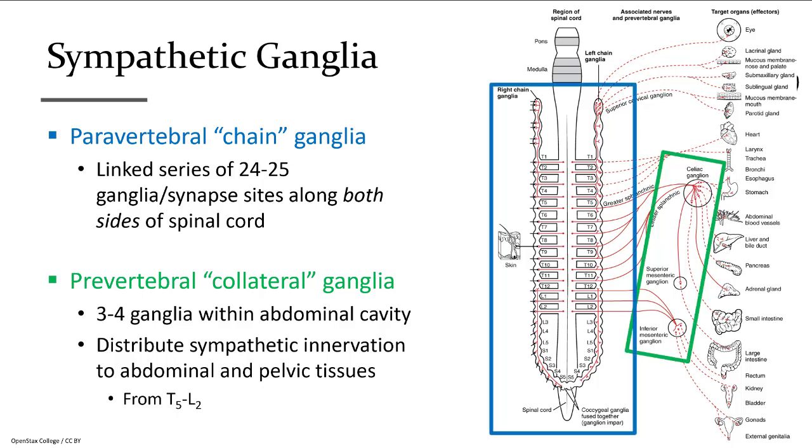We can see the paravertebral chain ganglia in blue on either side of the spinal cord. And then in green, we can see the prevertebral or collateral ganglia as it directs the impulses throughout the abdominal pelvic region, such as the stomach, abdominal blood vessels, liver, pancreas, adrenal gland, intestines, kidney, bladder, and gonads.